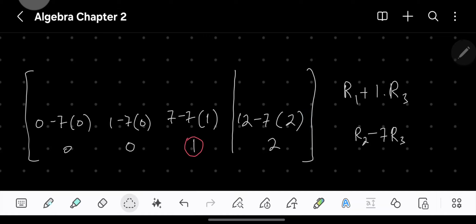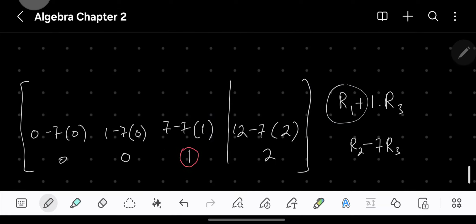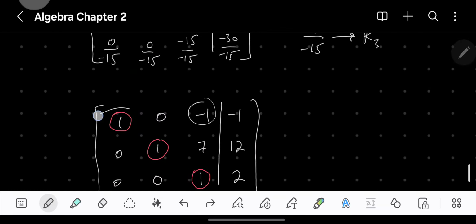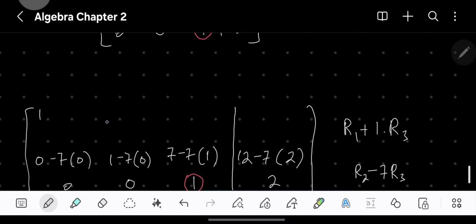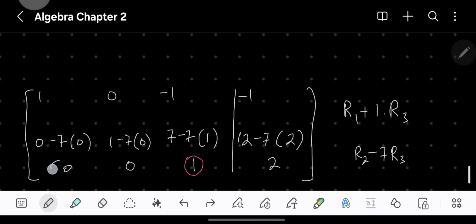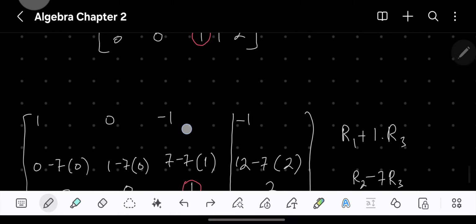Okay, so first I will write R1. R1 is 1, 0, minus 1, minus 1. I will write 1, 0, minus 1, minus 1, plus 1 times R3. 1 times R3 means just R3. Just add R3. R3 is 0, 0, 1, 2.